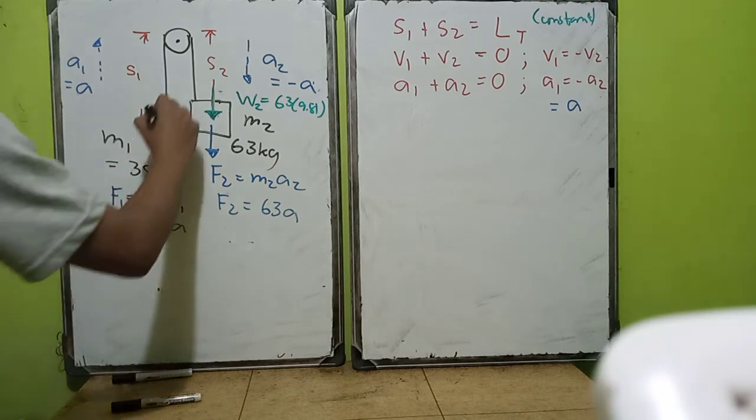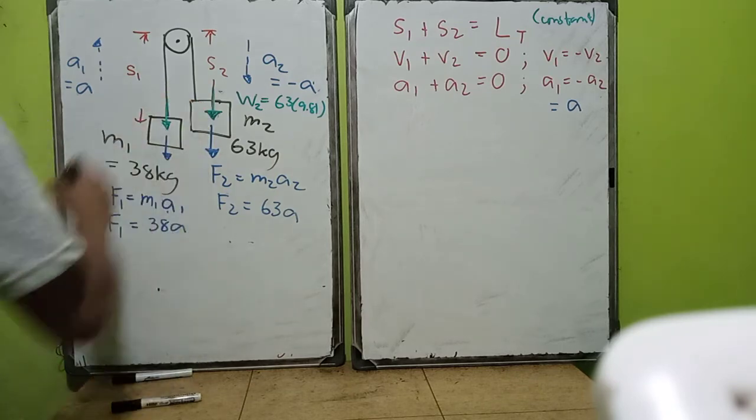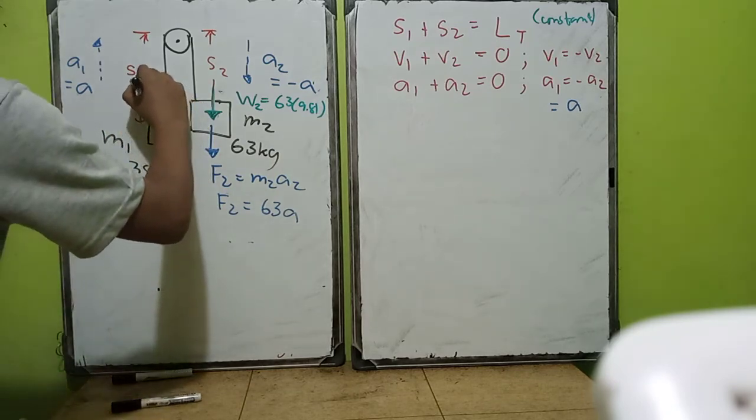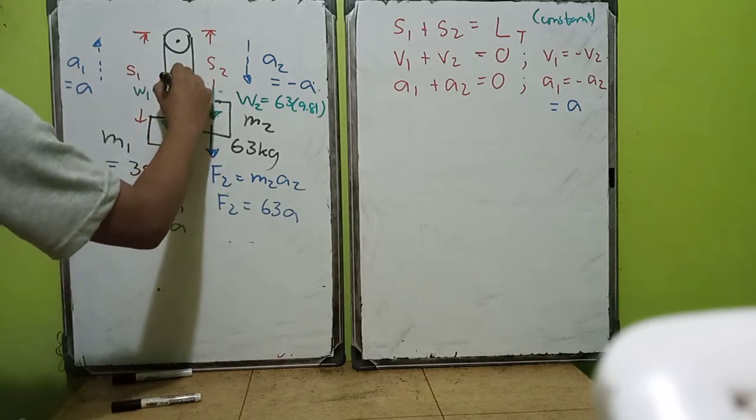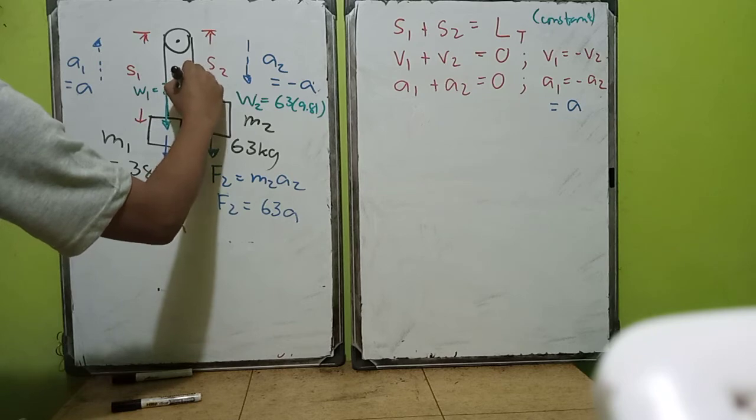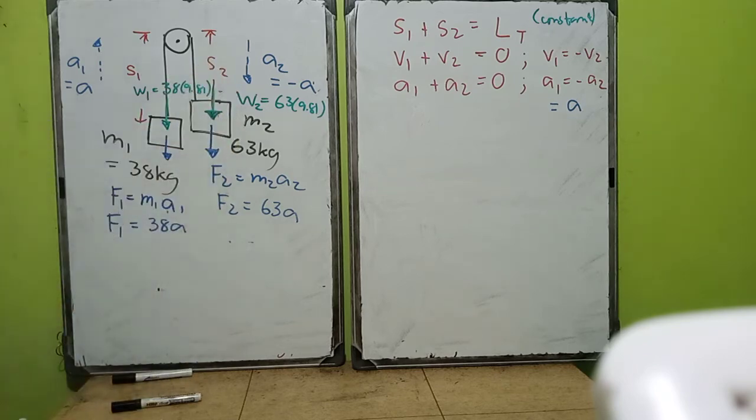And here, we also have its own weight, which is downward. So we have W1 equal to the mass 38 times 9.81, which is the acceleration due to gravity.